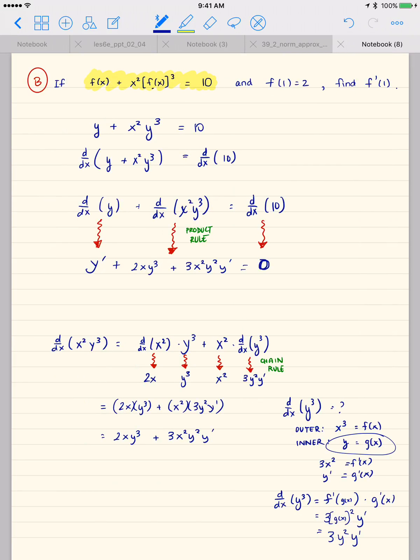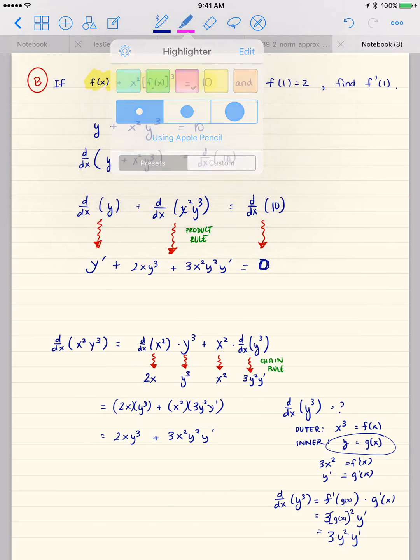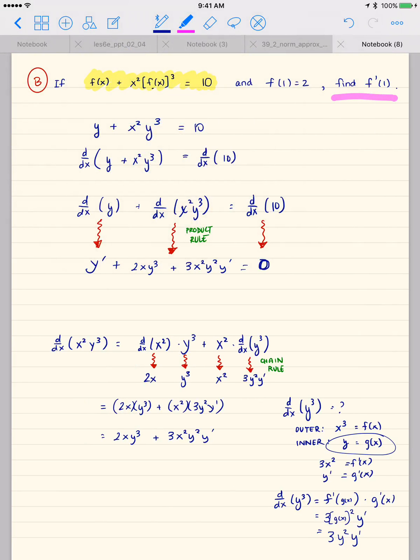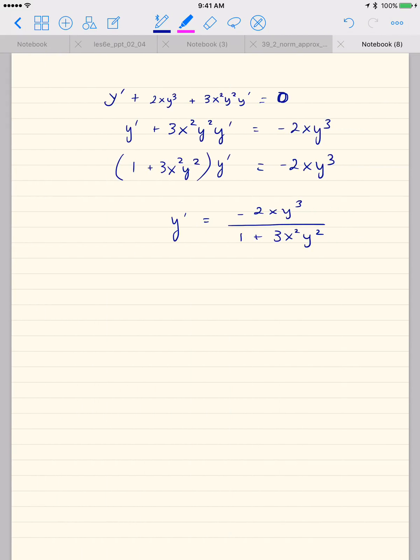Our original question was asking us to find f prime of 1, okay? And they told us that f of 1 is equal to 2. So we can put everything back in terms of f prime.